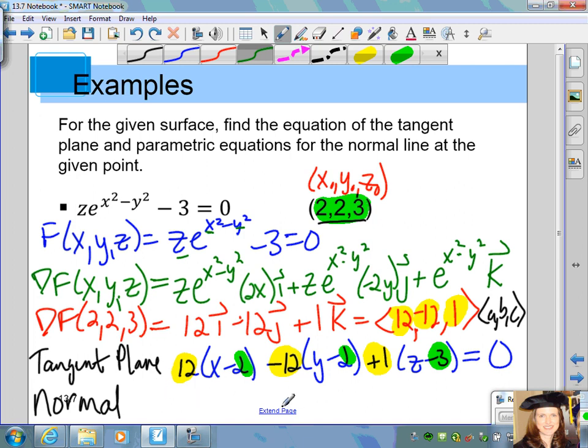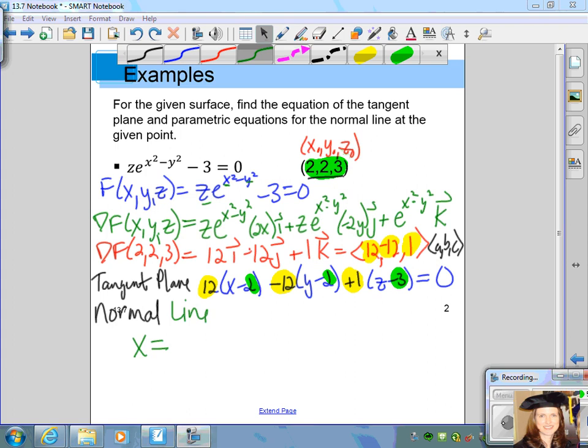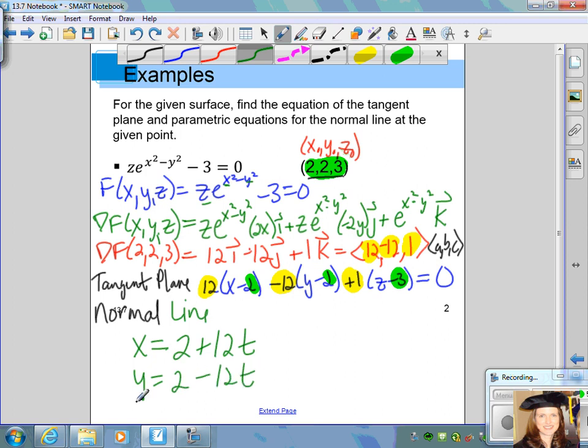So the normal line is going to be in the form of x equals our starting x of 2 plus the first component of the normal vector, 2 plus 12t. y is going to equal 2 minus 12t, and then z is going to equal 3 plus 1t. So those would be your parametric equations for the normal line at the point given.